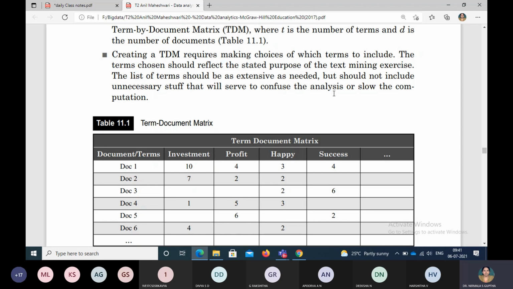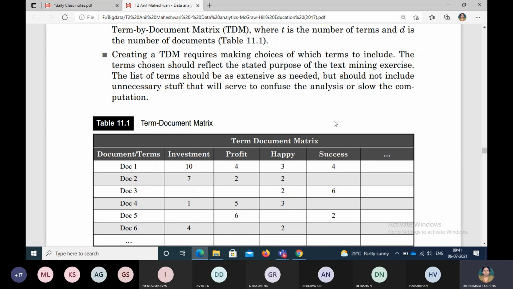The second consideration while preparing the term document matrix is that the data should be cleaned. You cannot have junk values, missing data, or misspelled words.